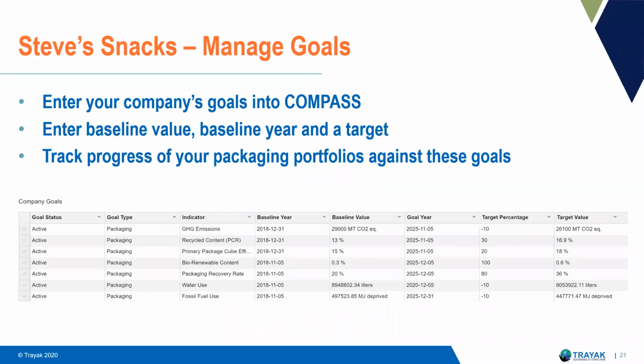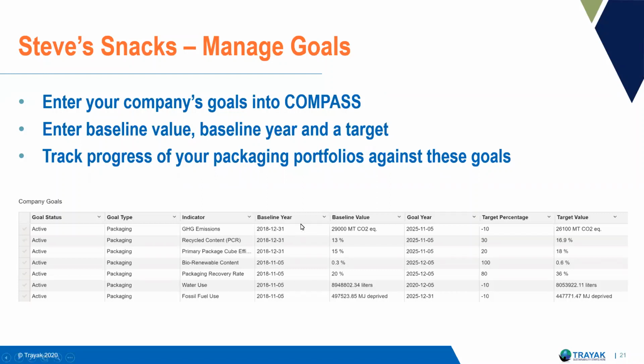These have been set, let's say they're corporate sustainability goals set by management, and we are trying to reduce greenhouse gas emissions, water use, and fossil fuel use, and we're able to enter these goals into Compass. If you see in the screenshot below, you can see that I have each of my goals. All of my goals are for packaging, and then you can see my indicator. In this case, it's greenhouse gas emissions.